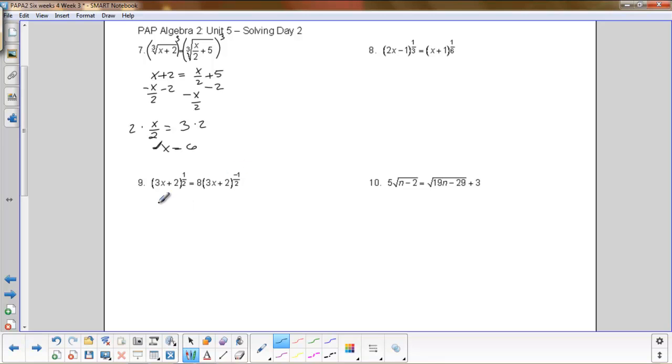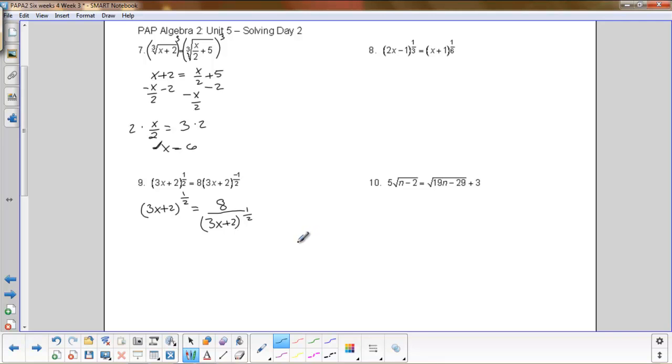its proper location. So I'm going to write it as 3x plus 2 to the 1/2 power. The 8 has a positive exponent, so the 8 stays on top. 3x plus 2 has the negative exponent, so it will be moving to the bottom, and that exponent will become positive.